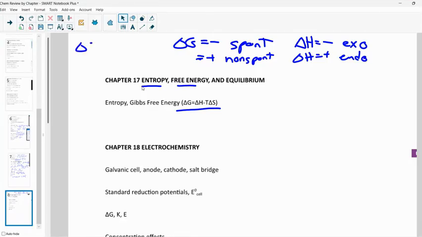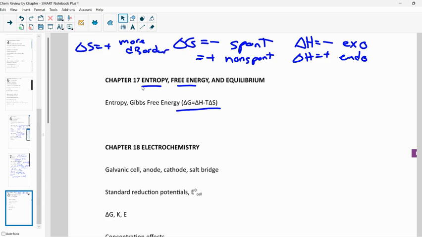Delta S, what's that? That's our entropy. If that's a positive value, what does that tell us? More disorder.